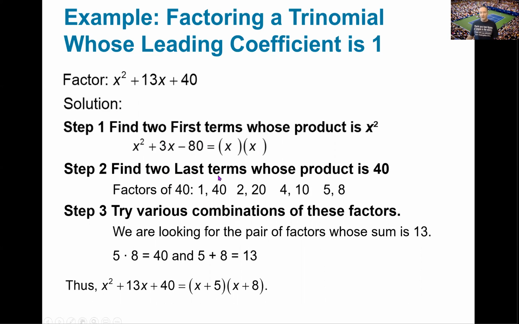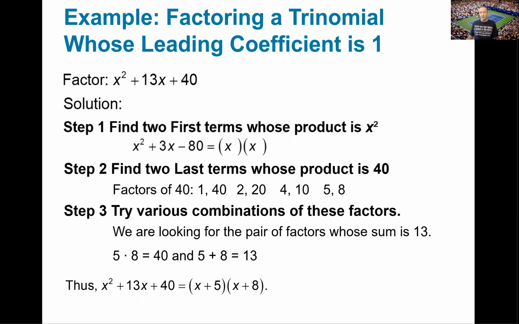Now, we'll find the last two terms to be a product of 40. So they have to multiply together to get to 40. And so you just think, well, factors of 40 are 1 and 40, 2 and 20, 4 and 10, and 5 and 8. Those are the only factors of 40 that there are.